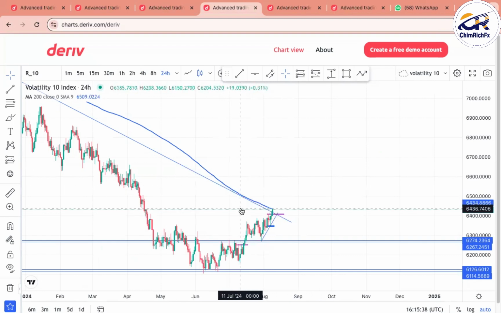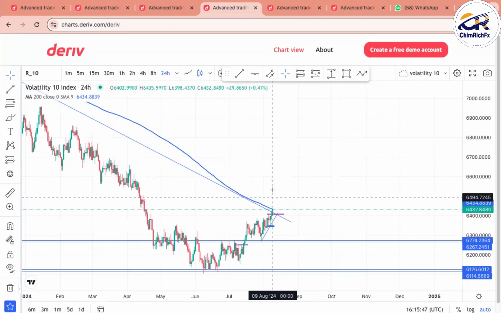So for me to go on a buy on the V10 index, you have to be patient enough to wait for a huge break from this trend line and this moving average, then a retest to the moving average or the trend line.